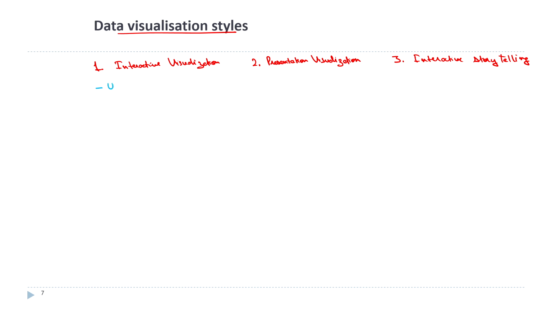Here we have user input in between is taken. That means it could be intended for single investigator, or it could be for the collaborators.